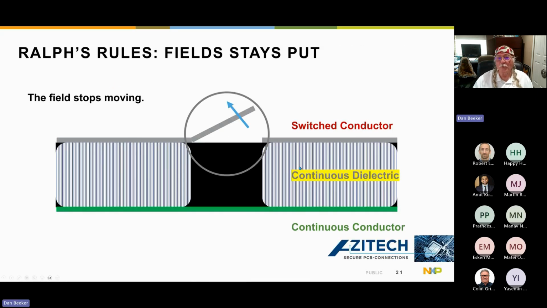Once the switch opens, the field on the left now doesn't have any place to go because it's at one voltage, everything's happy. The field on the right will continue to move based on what's at the other end. If it's an open switch, it will stop moving. If it's a closed switch, it will continue to move into that new space.